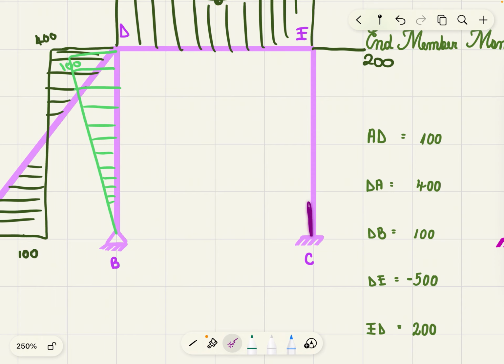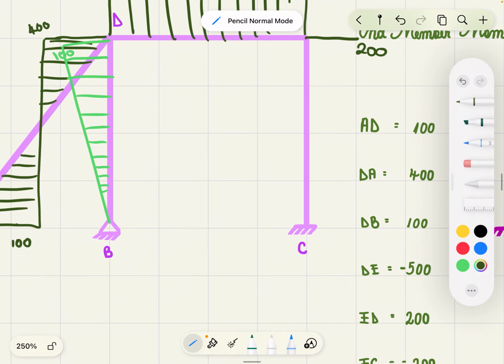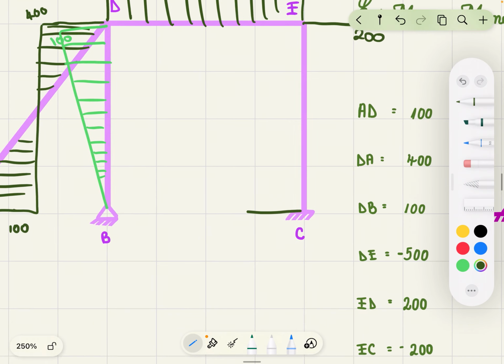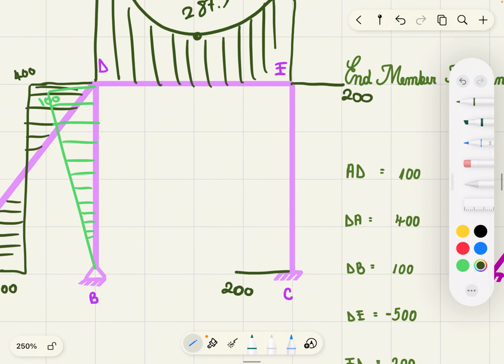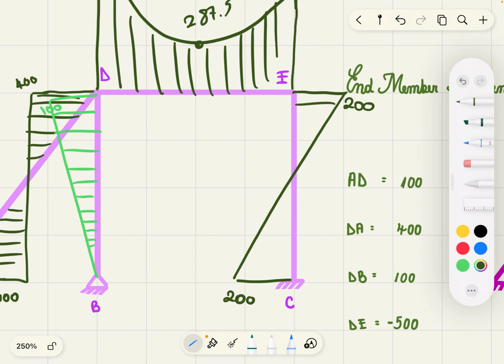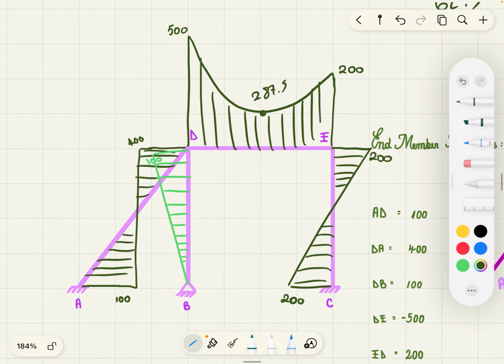And if this side is under tension, the moment is drawn to the left, value 200, and just join them up. Okay, that's it.